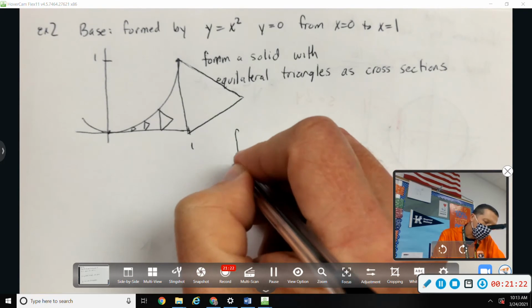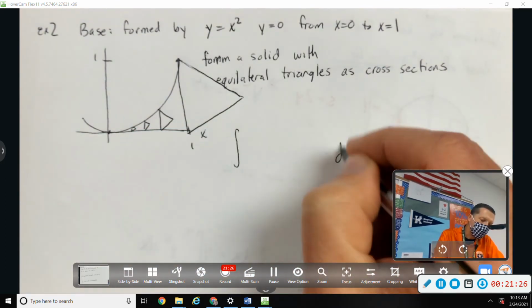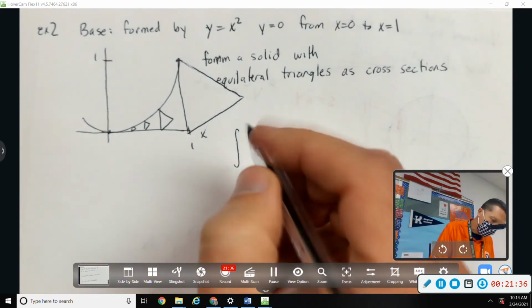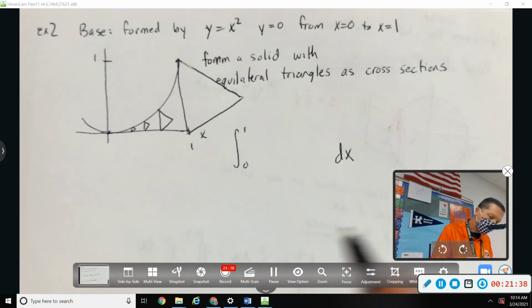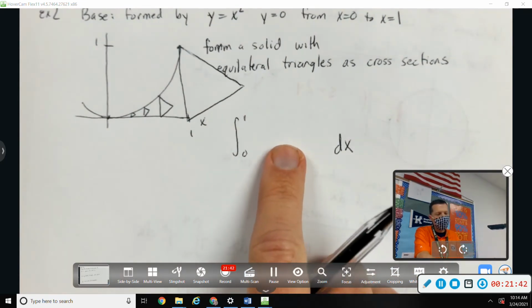So add up. I'm slicing dx, so I know it's going to be dx. That means my limits need to be in x. So what are my limits going to be? From what to what? 0 to 1. I'm adding up all the triangles from 0 to 1. And I don't want to jump straight to a formula because I don't know what formula is going in there.